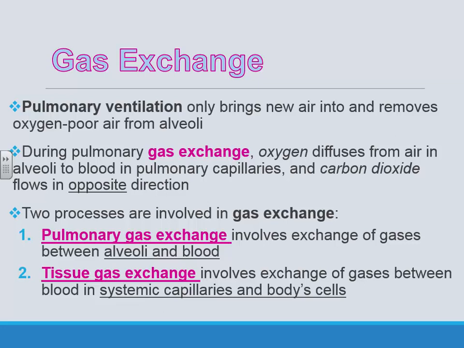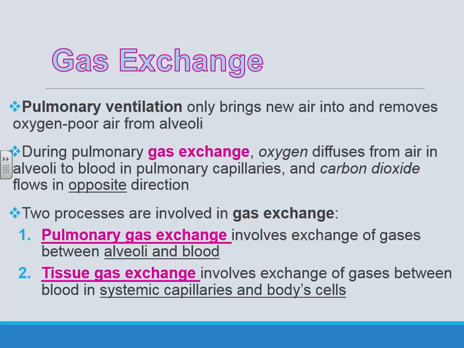As far as ventilation, we know that air is coming in new, highly oxygenated, and then the oxygen poor air is delivered out of the alveoli. So we call this gas exchange. And by simple diffusion, the oxygen goes from the air to the alveoli, and then into the pulmonary capillaries to load onto the red blood cell.